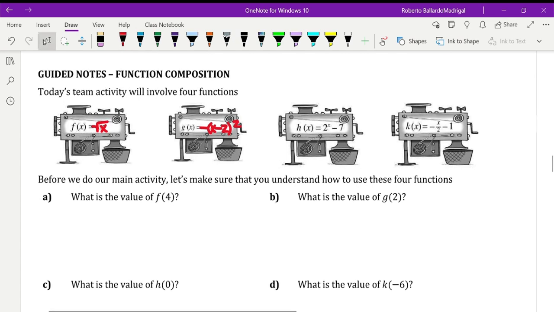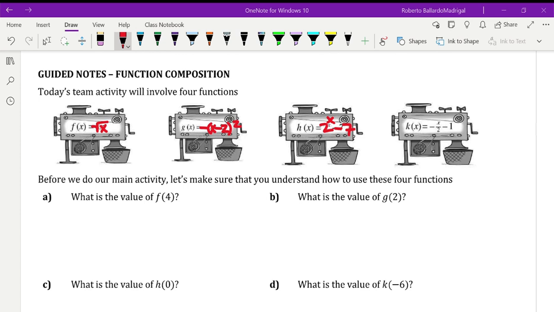H of x, which is 2 to the power of x minus 7. And we have k of x, which is negative x over 2 minus 1. First one is the square root of x. Let's find the following 4 inputs.